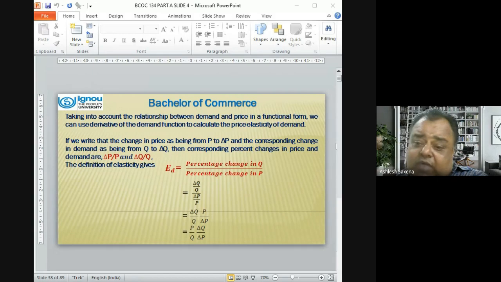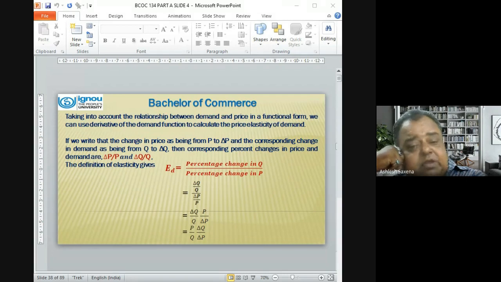Now, how to calculate it? If we write that the change in price is from P to delta P and the corresponding change in demand as Q to delta Q, then the corresponding percentage change in price and demand will be delta P by P and delta Q by Q.